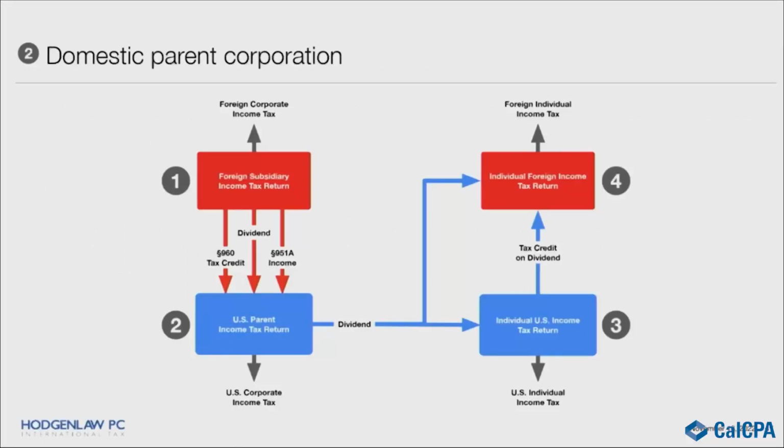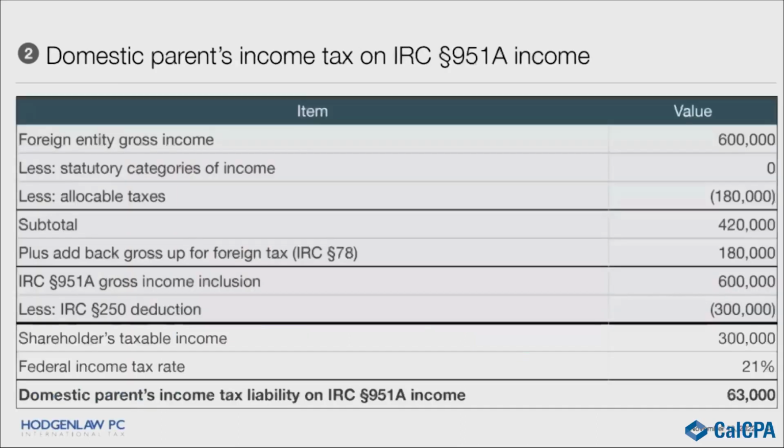And now let's look at what happens on the parent side. We have gross income inclusion. Let's see, gray zone. We have the same number as before. You saw the gross up of $420,000, effectively the earnings and profits of the foreign corporation, grossed up by the tax paid. So the inclusion amount is $600,000.